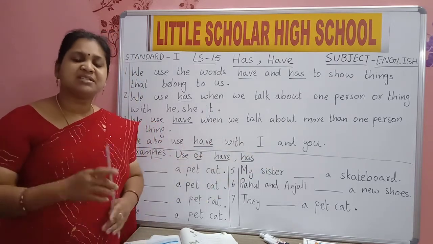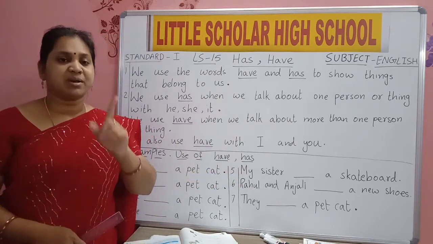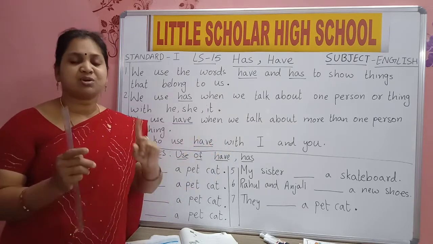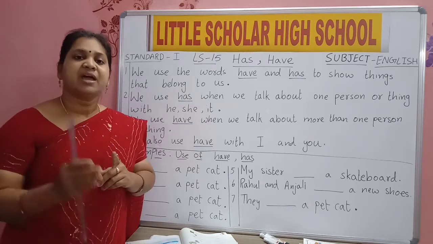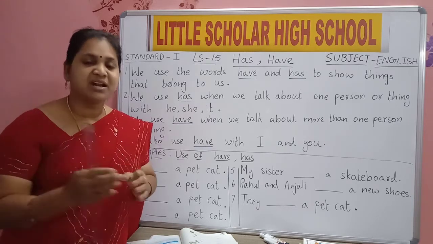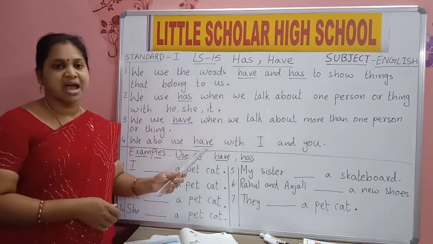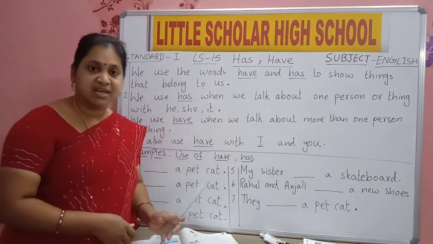When I am talking to many of you, you means many. Or if I am talking to one person, I will also say you. Yes, you are a student. With I and you, you should use have only. I have a scale. You have a scale.